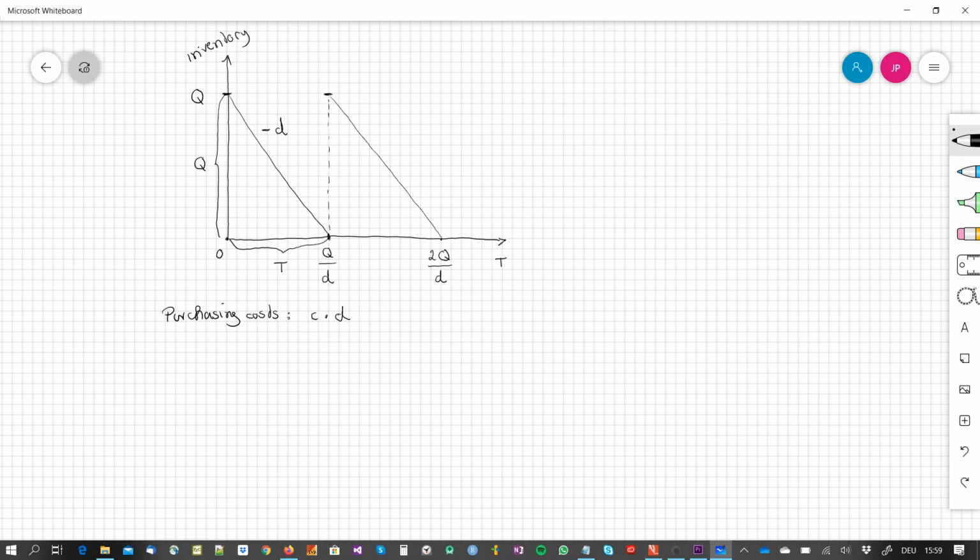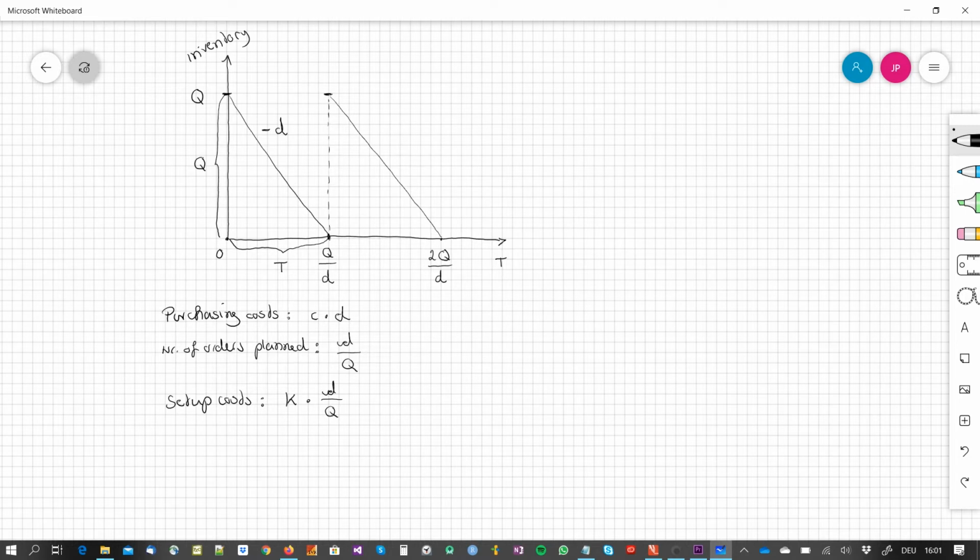And then we can denote the number of orders that we plan as D divided by Q. Now, the cost of ordering are also our setup costs, which are then denoted by a large K multiplied by the number of orders that we will do in our time horizon.